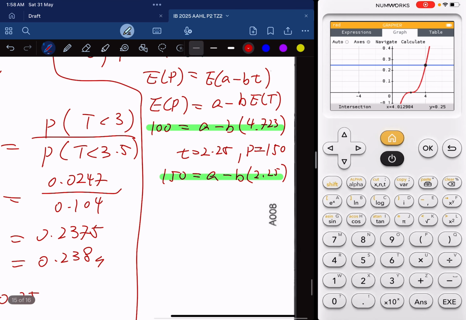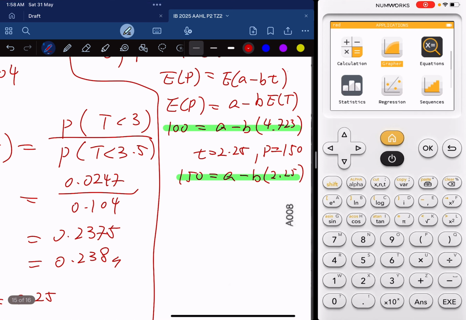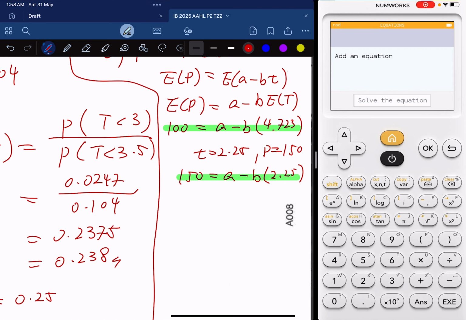So use your calculator again. Add an equation. Let me delete the whole thing first. So add an equation. For here, just type the first one in: X as A and B as Y, with negative. So A minus 4.723 B, and this should equal 100.